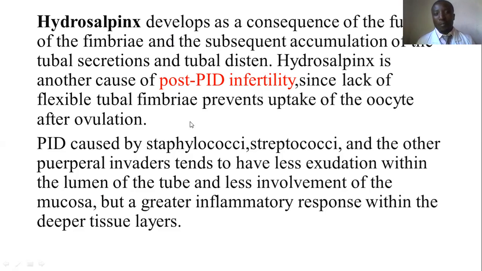So, post-PID infertility, since lack of flexible tubal fimbria prevents uptake of the oocyte after ovulation. I have said it's not only the fimbria that causes this infertility, but also loss of cilia.